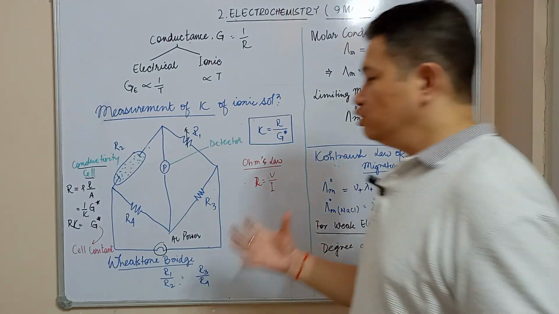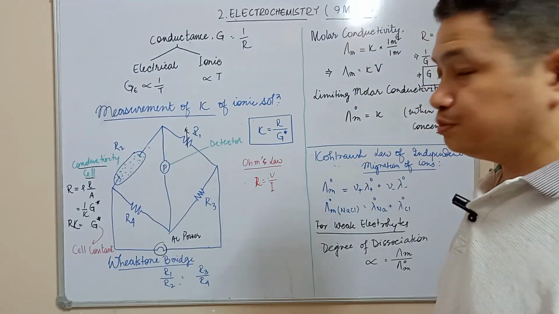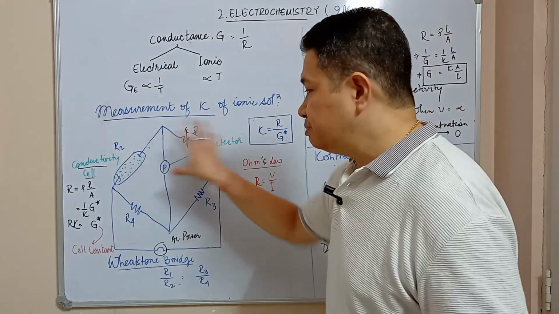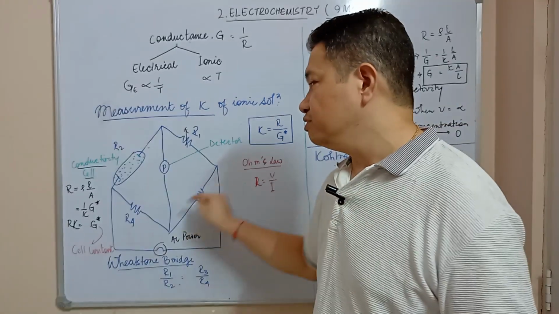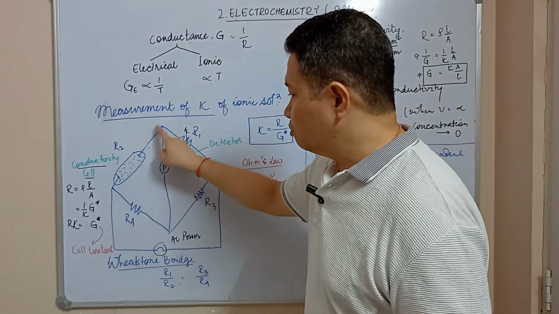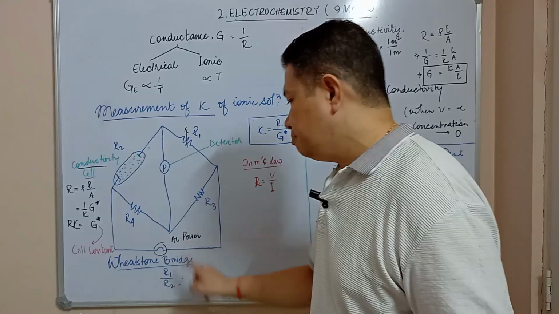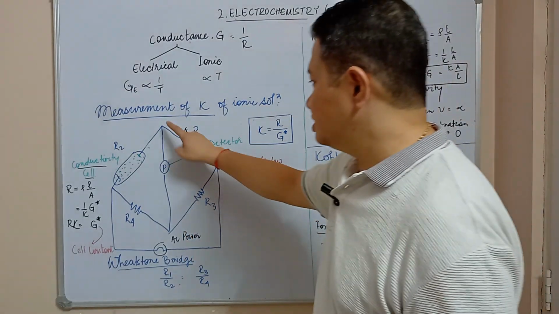Fine. And how does the Wheatstone bridge work? It's there in your physics textbook. The Wheatstone bridge is an arrangement in which there are 4 resistors, out of which 3 have known values. To pass the electric current through it, you use an AC power source, right? And this is a detector, which may be a headphone.